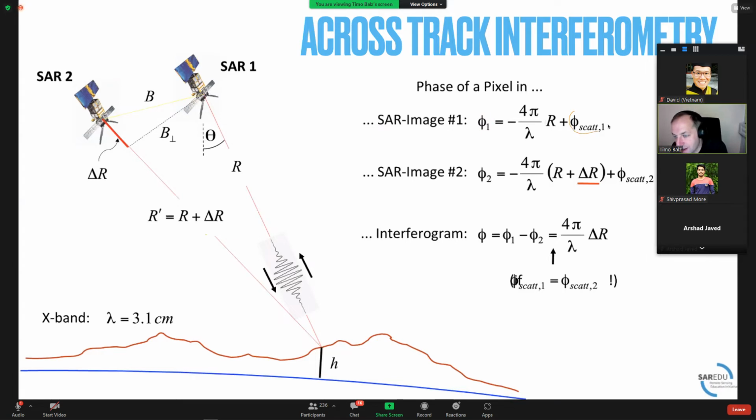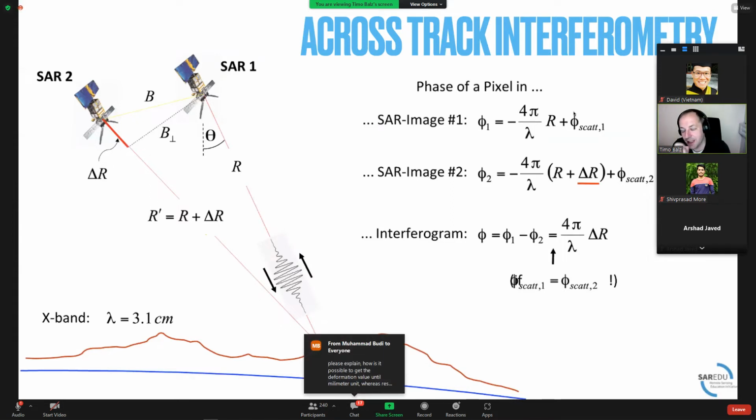Plus this one, which is the influence on the phase from the scattering of the object. So we hit our object, and maybe there is some volume scattering or some edge scattering, or the object is a bit tilted. There might be reasons why the scattering also changes the phase a bit.